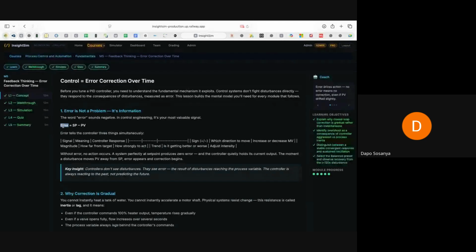All the programs we write and run on the PLC are simply designed to reduce error. All the instruments and valves we install are, at the fundamental level, designed to reduce error, because we want to keep our process in a steady state.